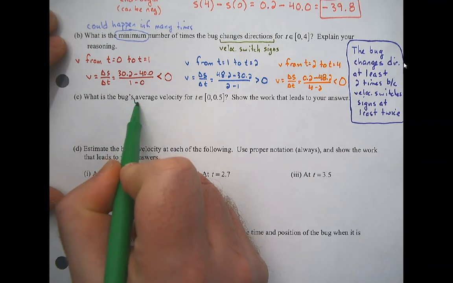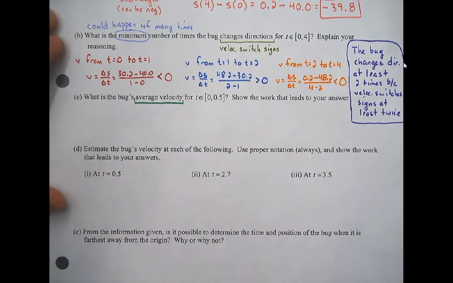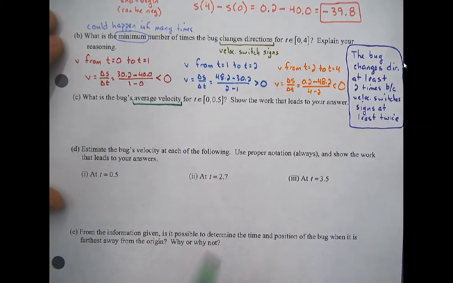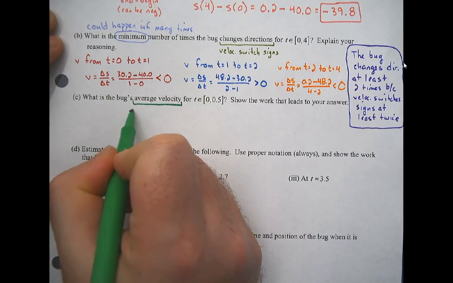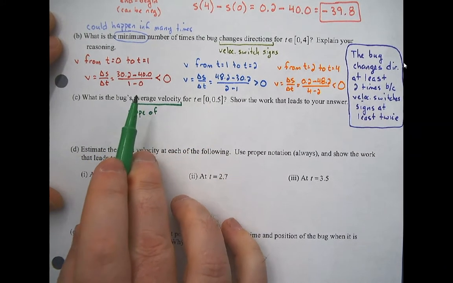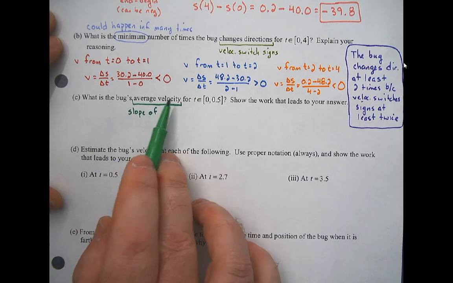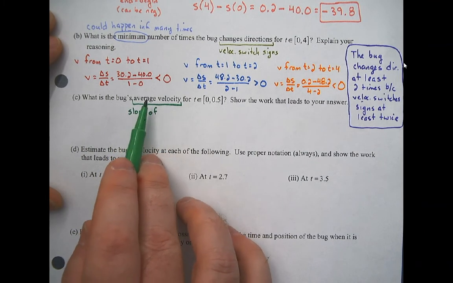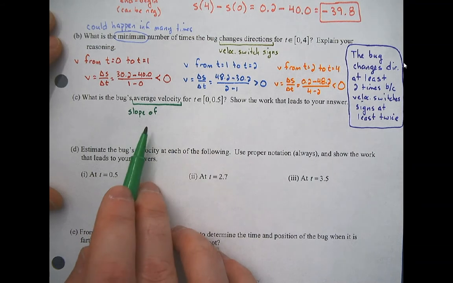Annotate. Average velocity. That word average is a huge clue. That means it's going to be the slope of position. The average velocity is the change in position over time.